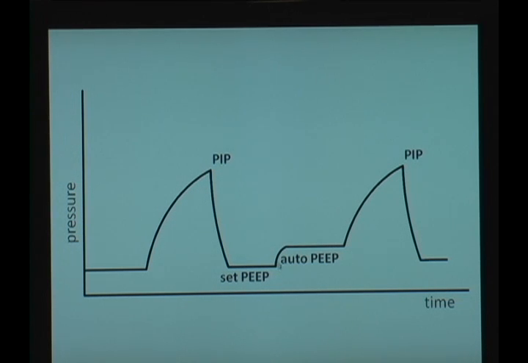If the pressure bounces up to some higher level than that, by convention, we call that auto peak. The difference between the end expiratory alveolar pressure and the peak set on the ventilator.